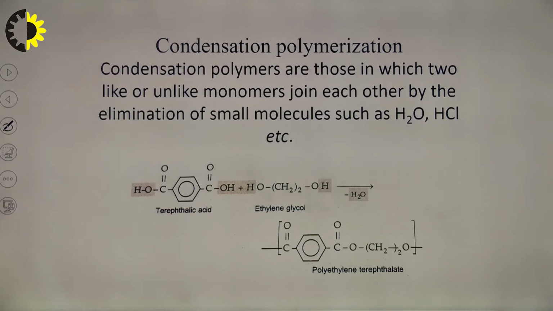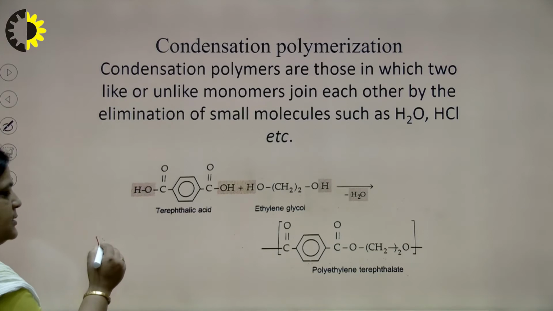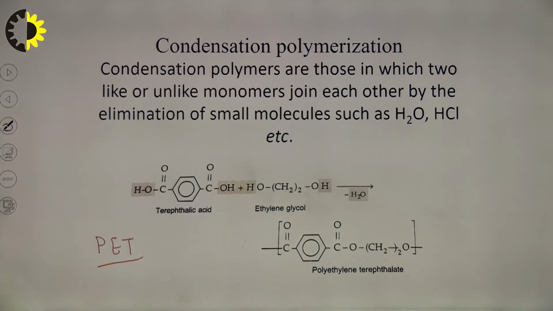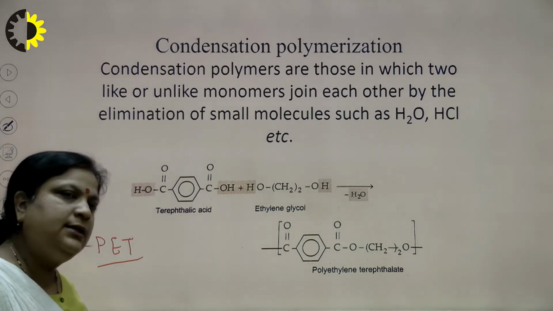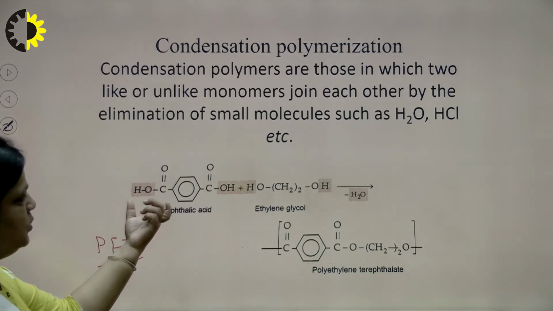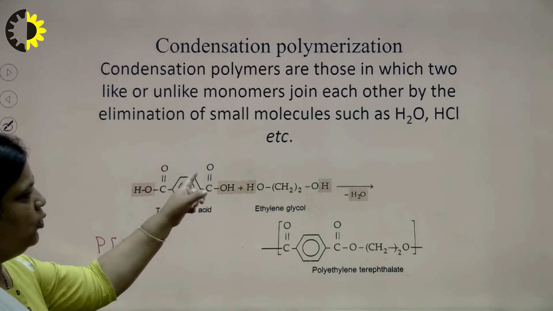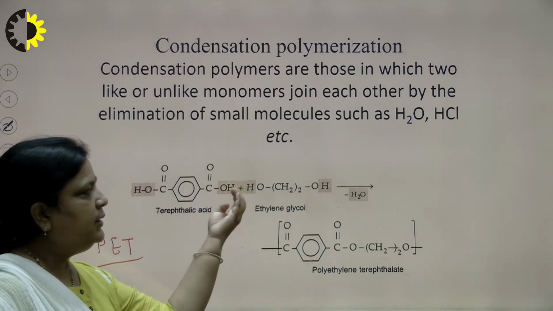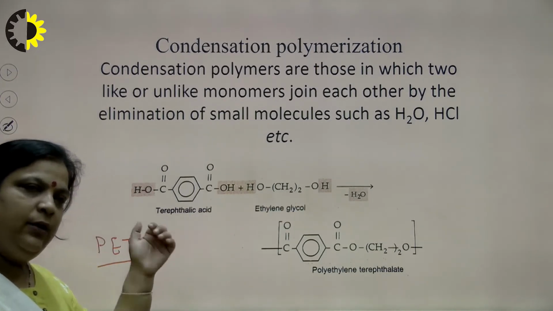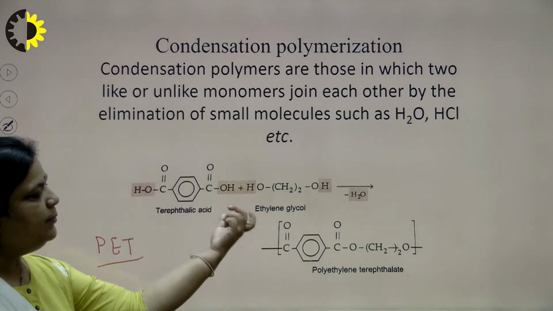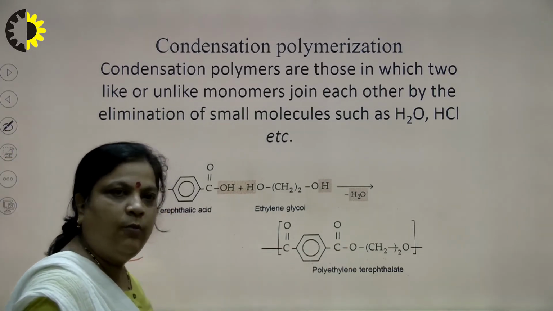PET is a type of ester. Polyethylene terephthalate is an ester, and we know that an ester is formed by the combination of acid and alcohol. So one monomer has the acid COOH and the second monomer is the alcohol, and when polymerization takes place, water is liberated and the ester is formed.